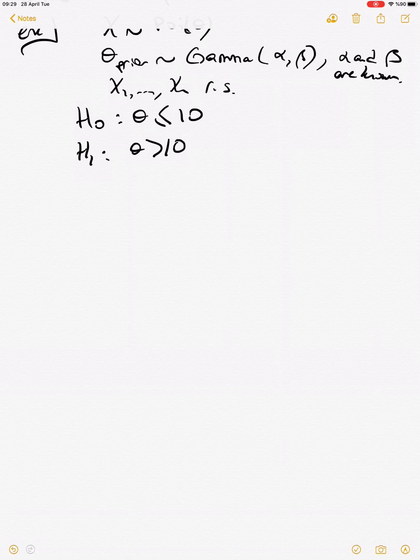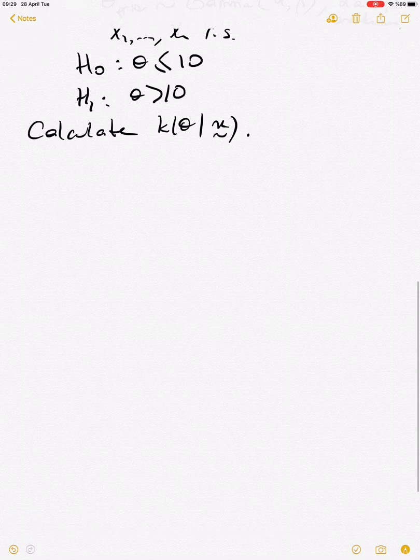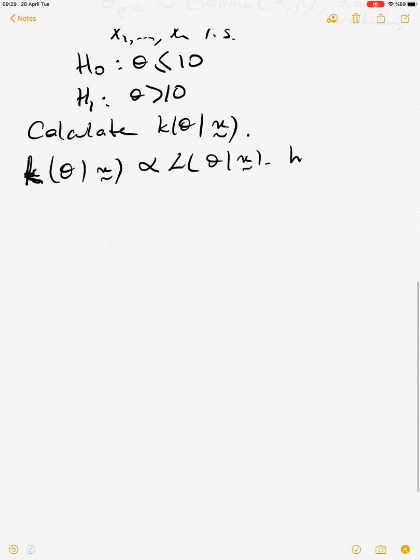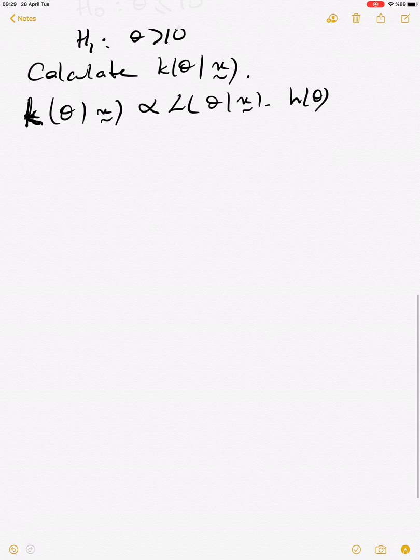Okay, then calculate first the posterior distribution. It's proportional to the likelihood multiplied by the prior.